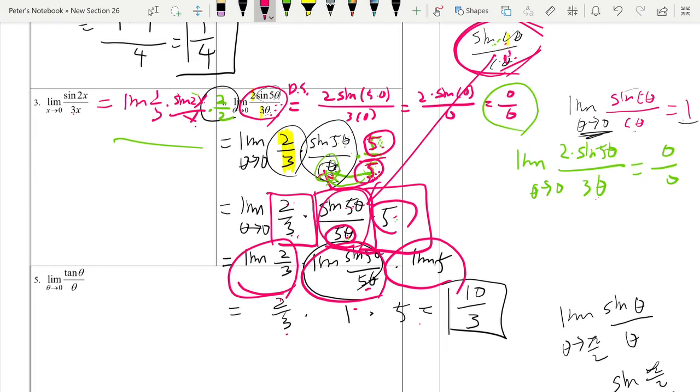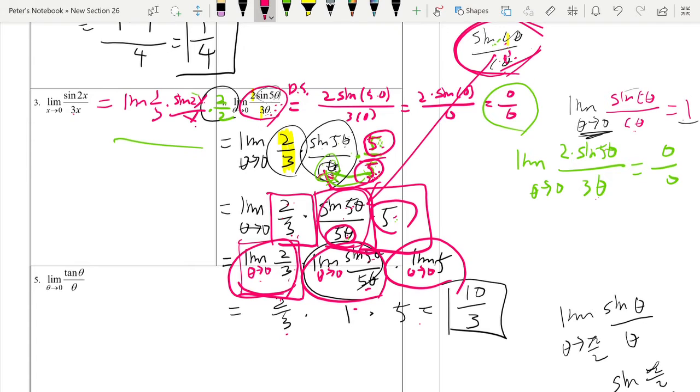And then I have times 5 here, which will give me, using a property of limits, as long as each of the limits exists, I can rewrite this as the limit of 2 over 3 times the limit of sine of 5 theta over 5 theta times the limit of 5. Of course, you need to write this down: not any value that is approaching, but theta approaches 0.